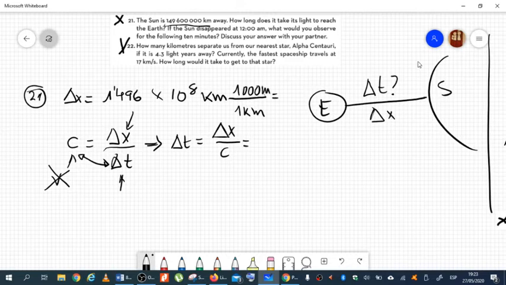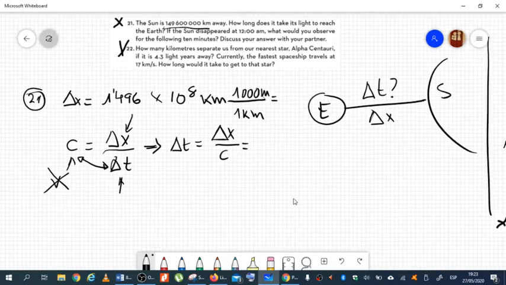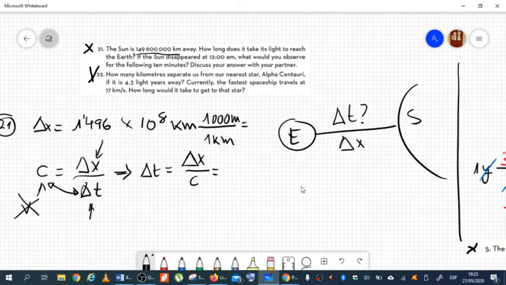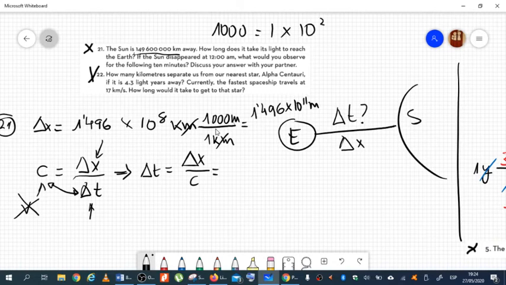I don't have the space here. And if you do this operation with the calculator, you will have 10 to the power of 11 meters. Notice that 1000 is 1 times 10 to the power of 3.